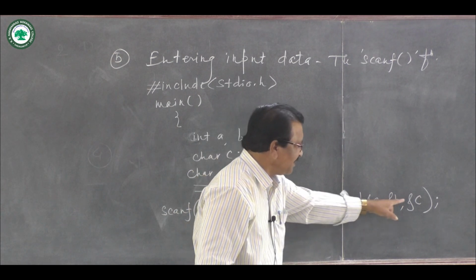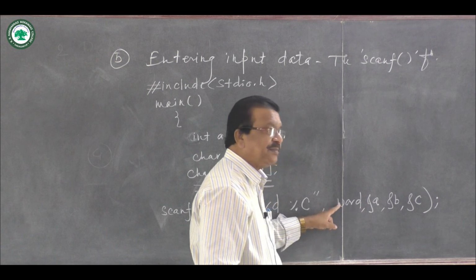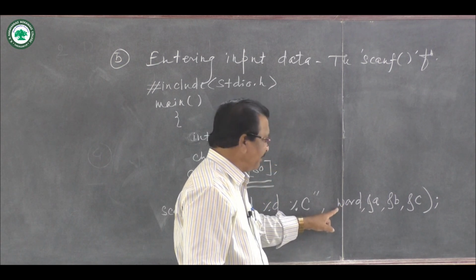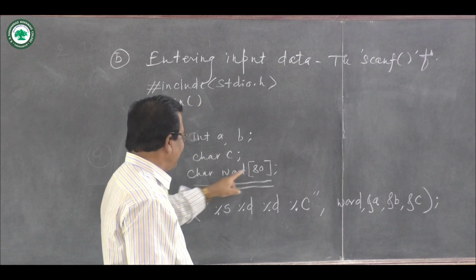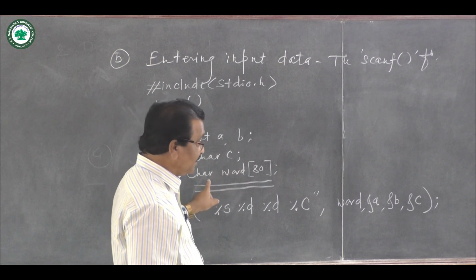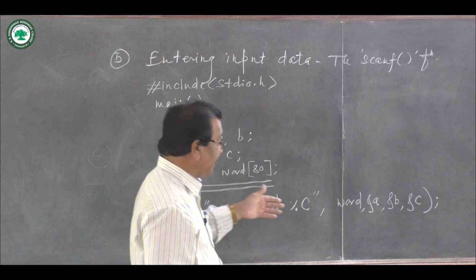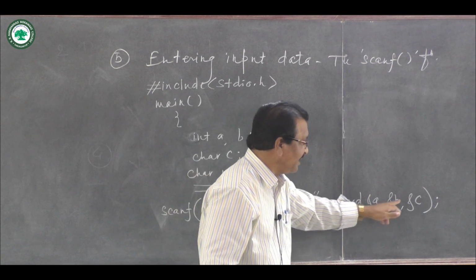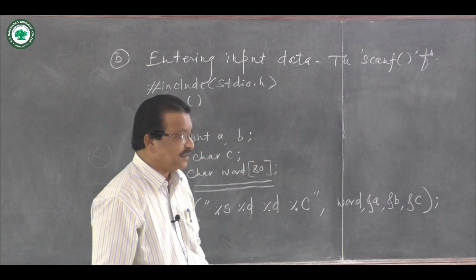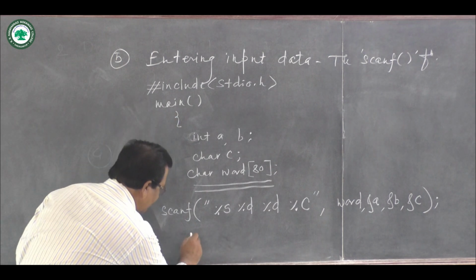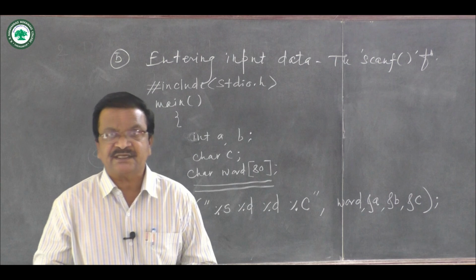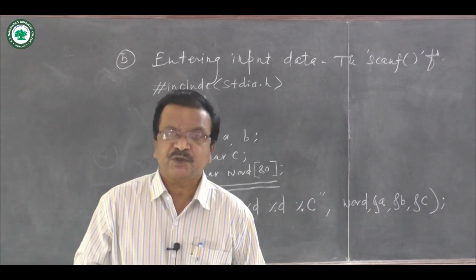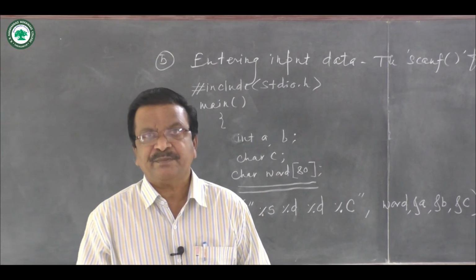Each one is preceded by an ampersand sign except an array name. There is no ampersand sign before word because I have declared word as an 80 element character array. Otherwise, all other data items will be preceded by this ampersand operator. So this is the use of the scanf function. Next time we will discuss additional features of the scanf function and the printf function.